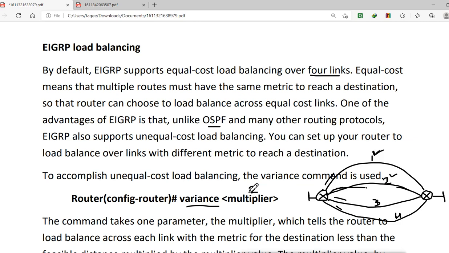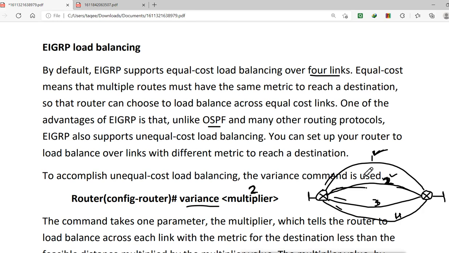Double the best path means the best path value is 1, so double that is 2. So it will also use the path which has a metric double the best path. Like the best path metric is 1, so if any route has double this metric, it will use that path also for load balancing.